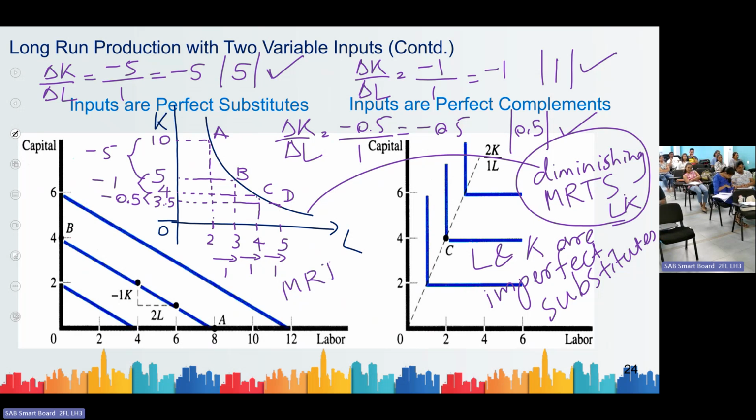The marginal rate of technical substitution of L for K in this case will be a constant. The slope doesn't change from point to point, but here the slope changes from point to point. At every point, the slope will be the same.